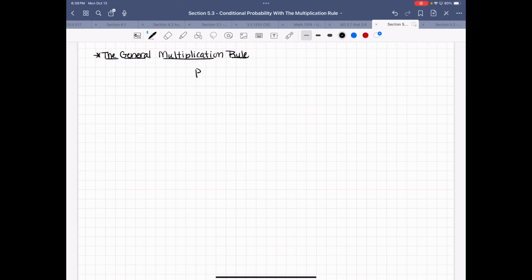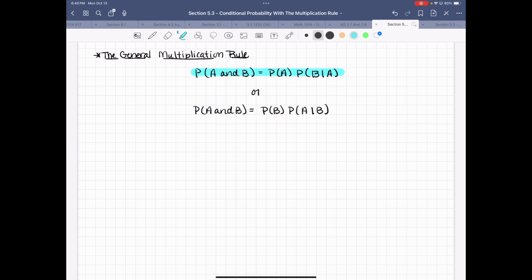It says if I have the probability of A and B, that will equal the probability of A times the probability of B given A, or the probability of A and B equals the probability of B times the probability of A given B.